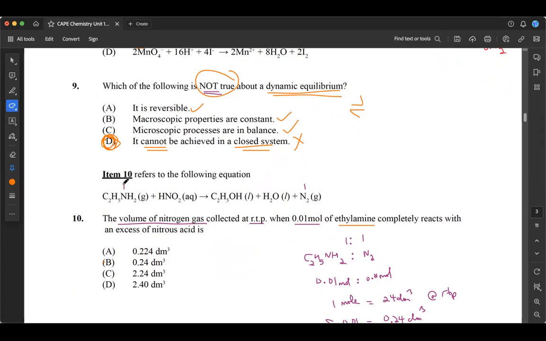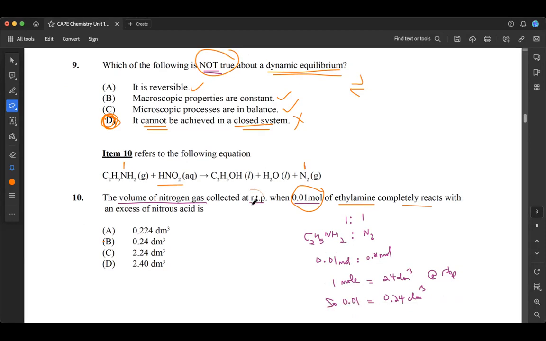This is our ethylamine, and we have 1 mole of it in the balanced reaction. And this is our nitrogen, and we have 1 mole of it, right? So the mole ratio is 1 to 1. Based on that, if 0.01 mole of ethylamine reacts with the nitrous acid, we're going to get the same amount, 0.01 mole of nitrogen, because they're 1 to 1.